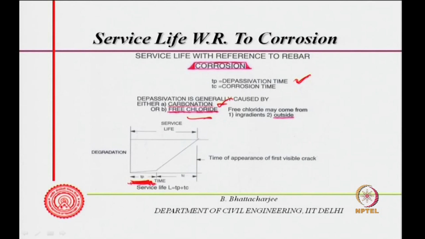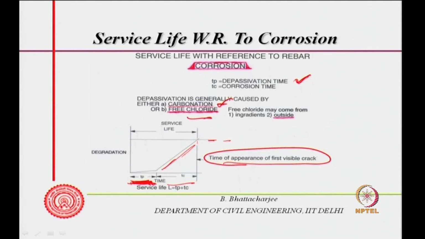Once the depassivation has occurred, that is, the layer of oxide which is formed on top of the rebar at high pH level is destroyed at a pH value which is low. When pH turns out to be low or sufficient chloride has come, then the corrosion process might start, and the time after which a serviceability limit is reached is the time of appearance of the first visible crack.